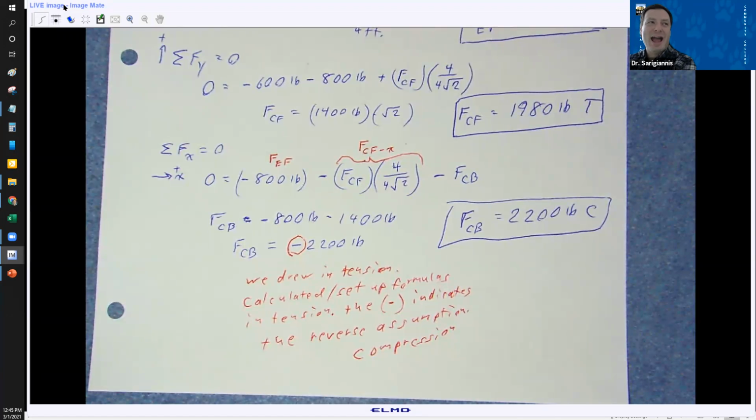Maybe you've used the y-axis as positive upward. I don't know necessarily what axis you use for your calculations, but when you report a force, you report the magnitude and its direction. And for these members, the direction is compression or tension, right? We know what they look like in the context of the strut.